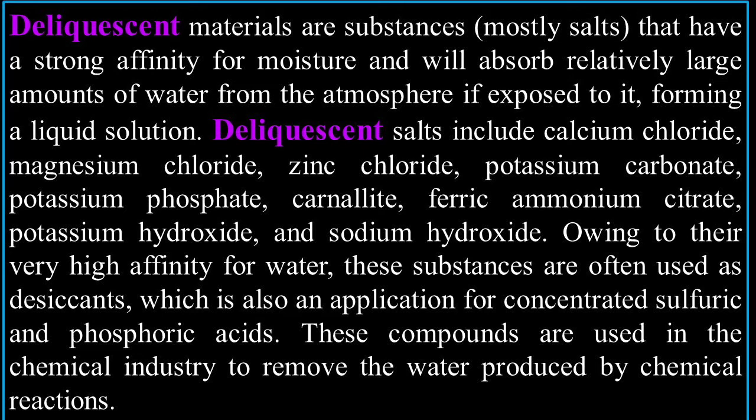Owing to their very high affinity for water, these substances are often used as desiccants, which is also an application for concentrated sulfuric and phosphoric acids. These compounds are used in the chemical industry to remove the water produced by chemical reactions.